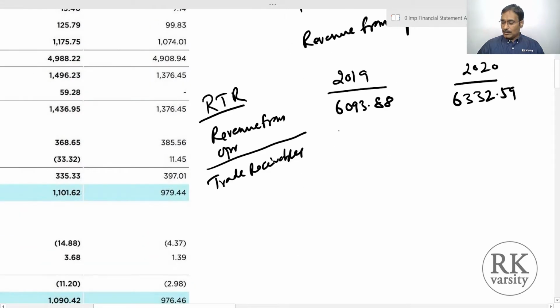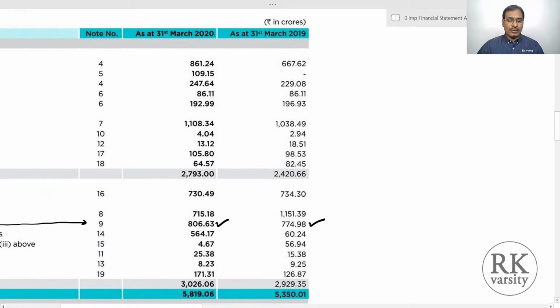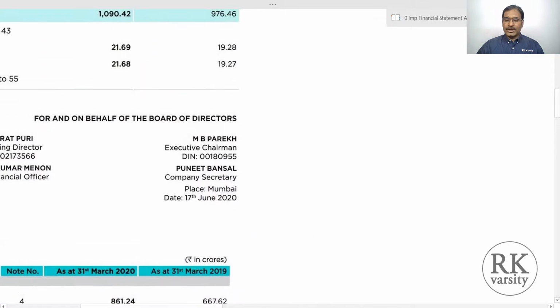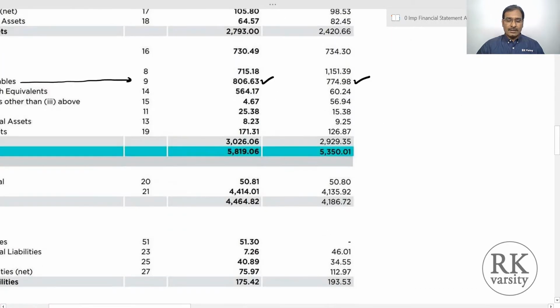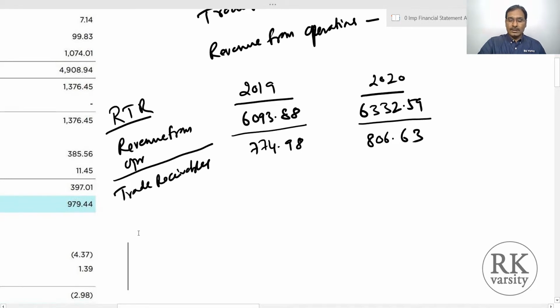Then upon your receivables, trade receivables we get from the balance sheet. So trade receivables are 774.98, and then 806.63.